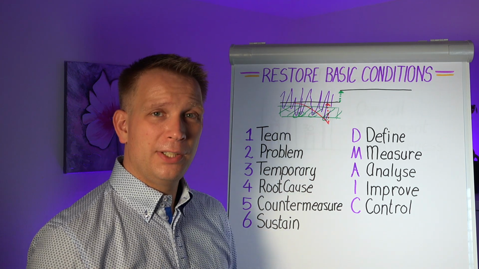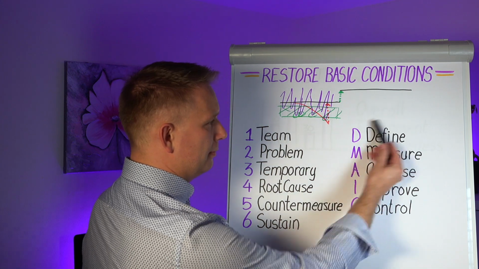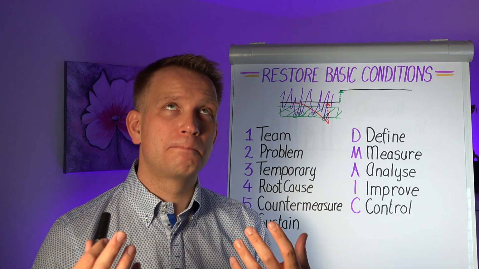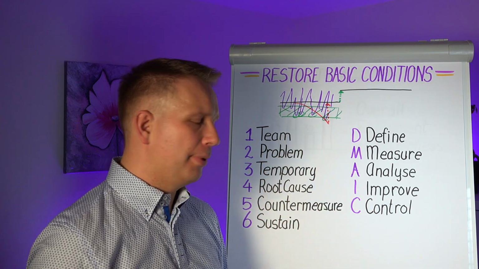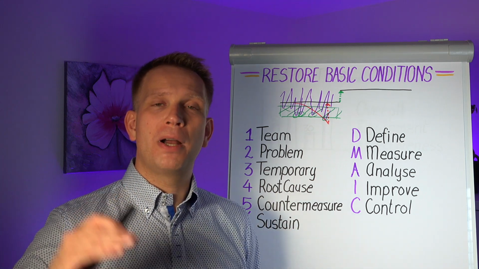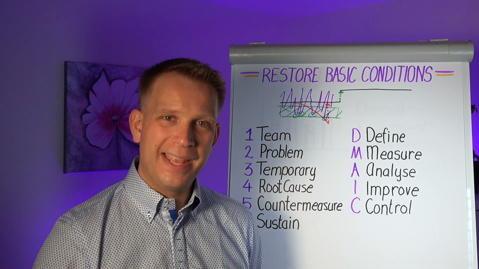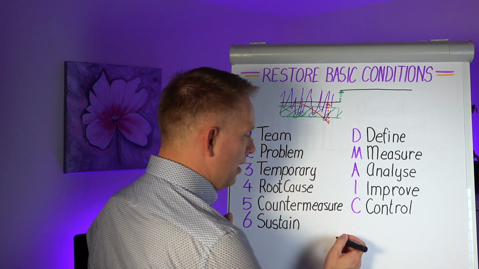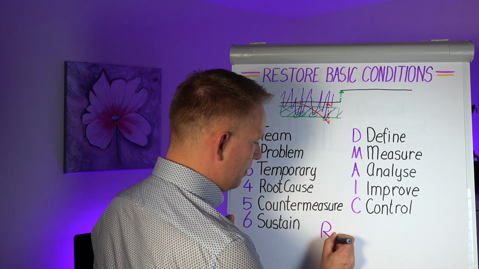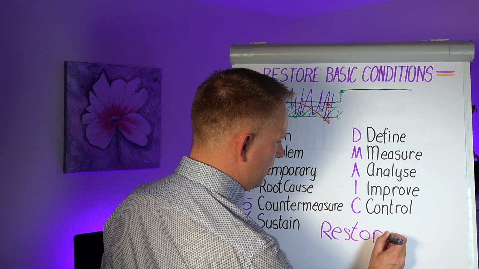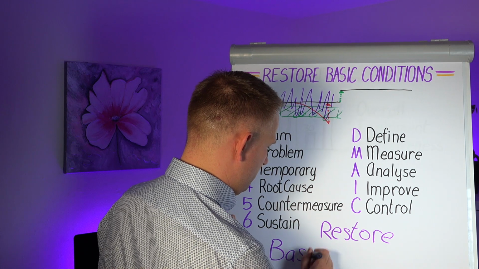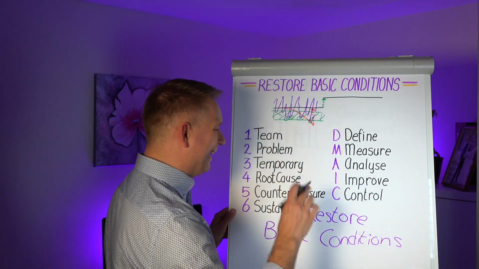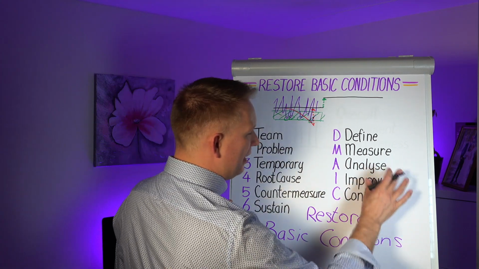But also, in all honesty, this tool, an improvement tool, isn't giving you that great of a start. It'll help, but it would be so much more efficient if you put in a specific step of test the basic conditions. And that step should be roughly here.